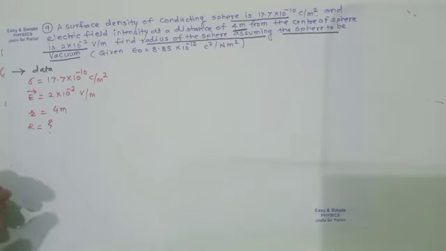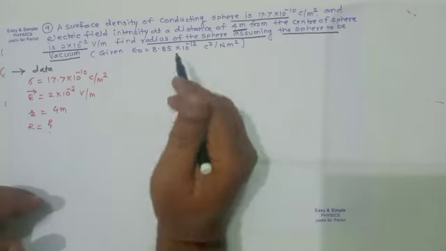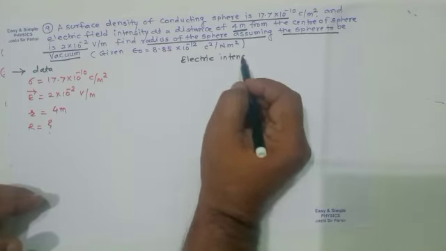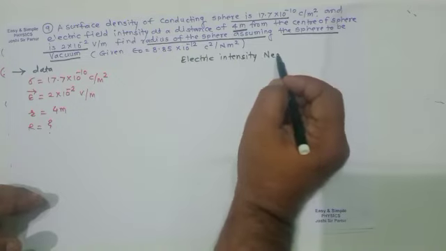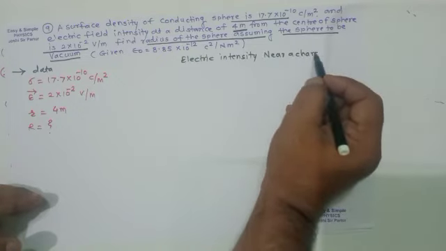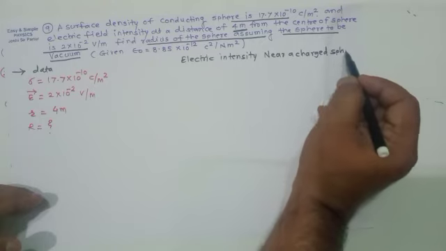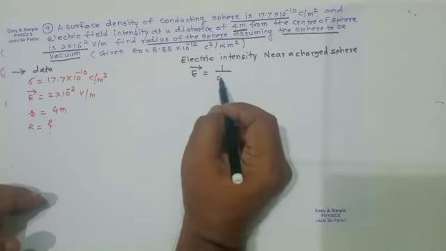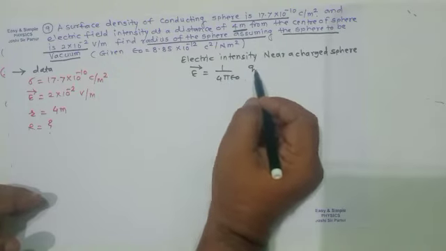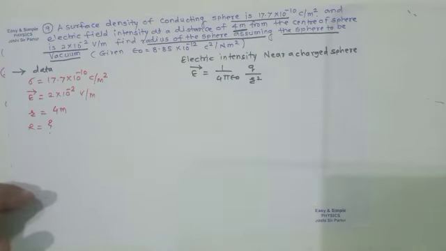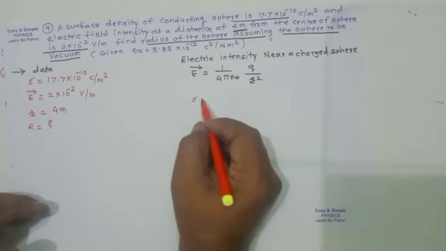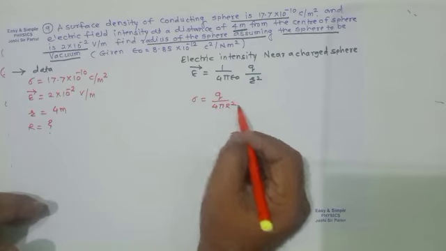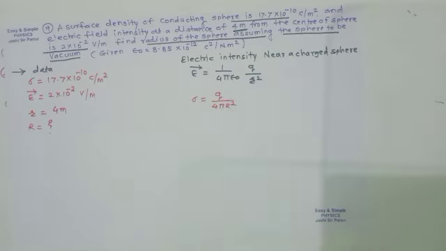So first we use the formula for electric intensity near a charged sphere: vector E equal to 1 upon 4 pi epsilon 0 q upon r square. We know that sigma is equal to charge upon area, that is 4 pi r square.